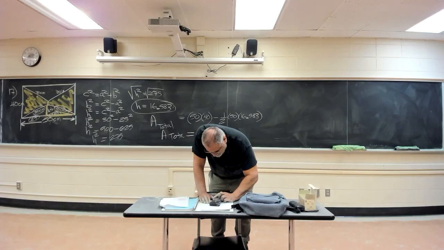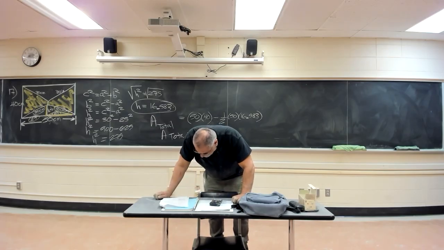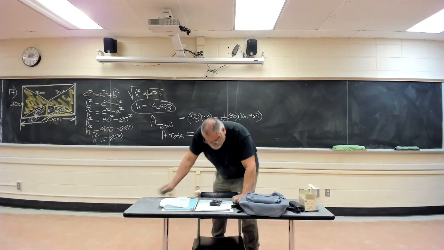So the answer is the height, 16.58 and some business, times 50 times 0.5. Subtract that from 2,000, and we get 1,585.422. Let me see what kind of answer they want here. Round to tens. Also, I'm not worried about it. Round to tens. 1,585.422.